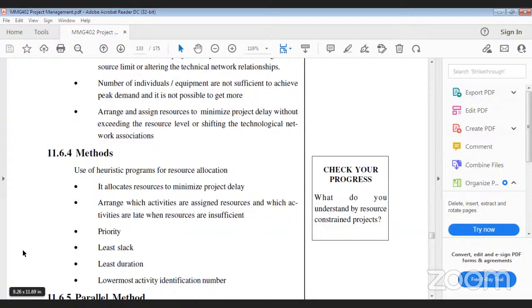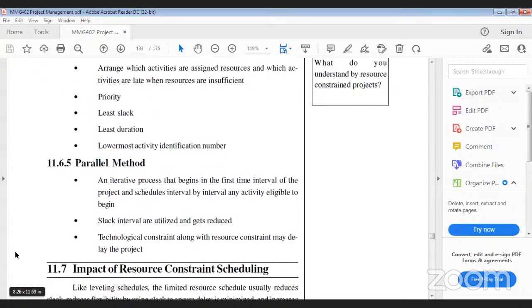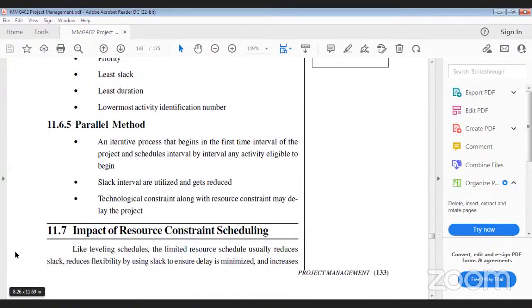First is the parallel method, an iterative process that begins in the first time interval of the project and schedules, interval by interval, any activity eligible to begin. Next, slack intervals are utilized to get reduced. Then third, a technological constraint along with the resource constraints may delay the project.